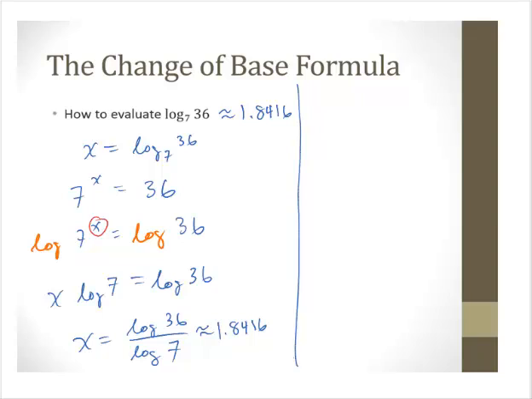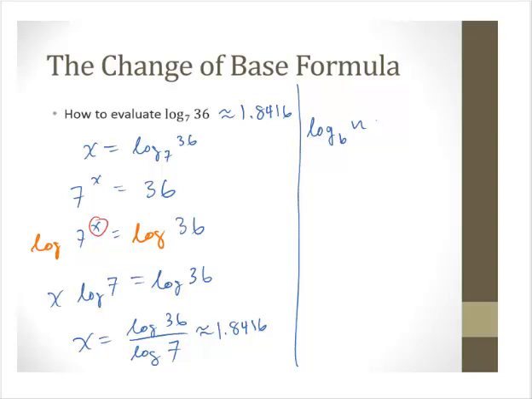So, in general, if we want to find the log base b of n. Now I chose to use the common logarithm, but I could have used any number greater than 1. I could have used any base and done something similar.